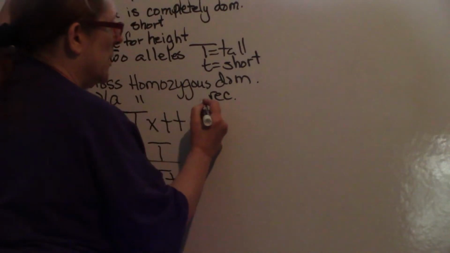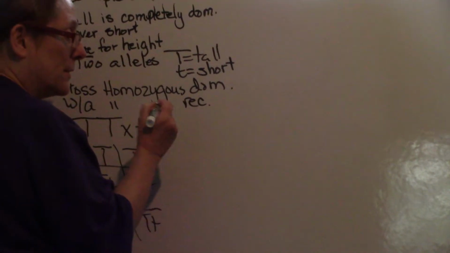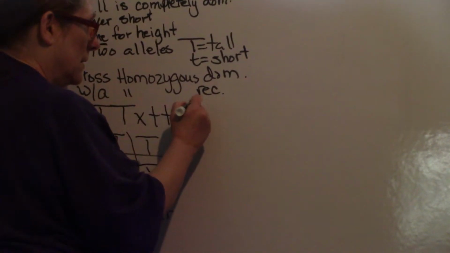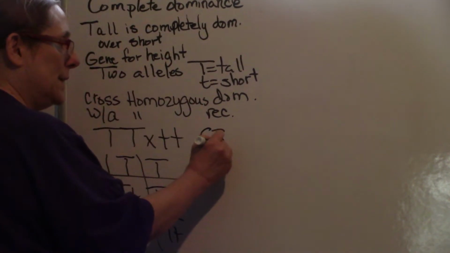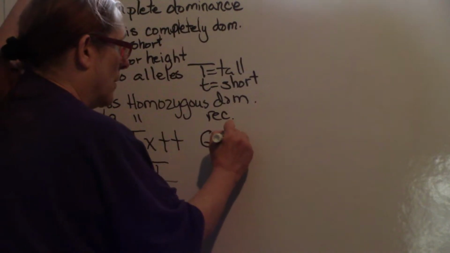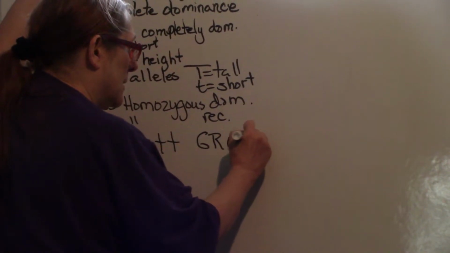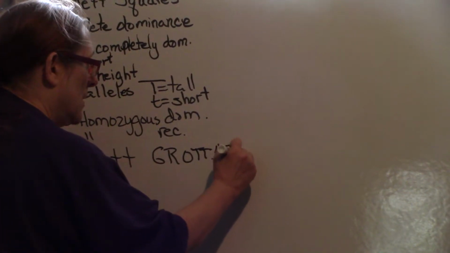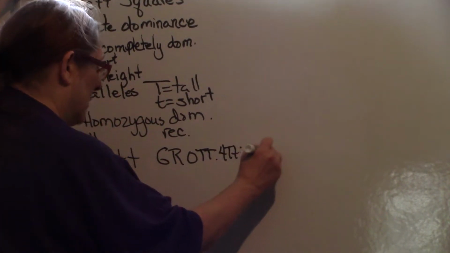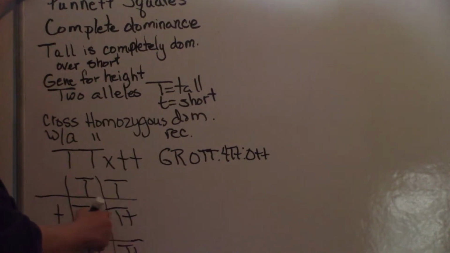Now we end up with, and I'm going to abbreviate this, so listen very carefully, a genotypic ratio of 0 big T big T to 4 big T little t to 0 little t little t. See, all of them.